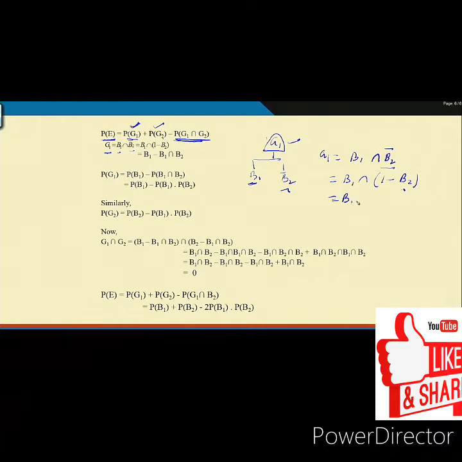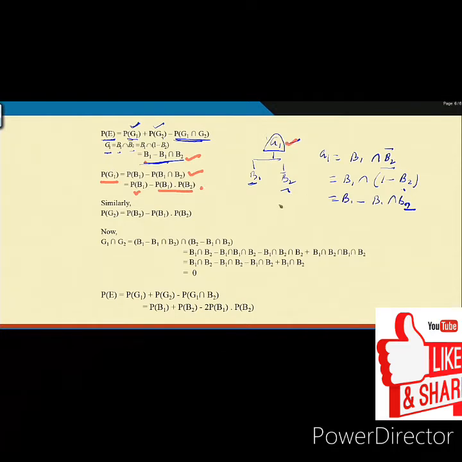Then this can be written as B1 minus B1 intersection B2, which is what is written here. As a result, PG1 is PB1 minus the probability of B1 intersection B2. Now, as they are independent, the intersection is PB1 into PB2. So, the probability of the first gate is quantified.